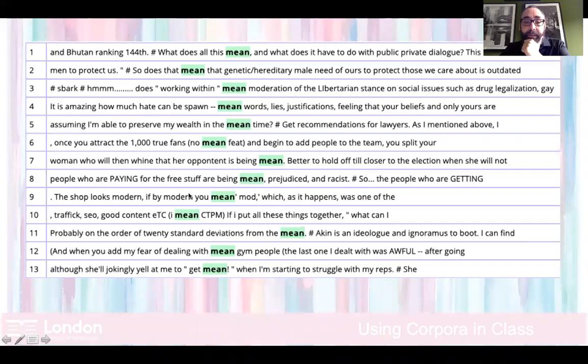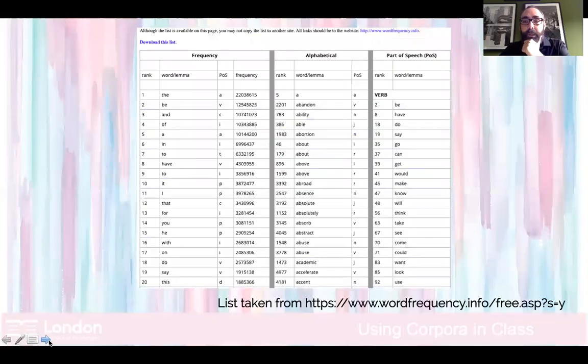But as you can see, by just typing mean in a random string of words, students can see lots of different meanings for the word mean. So they have to guess, again, the meaning from context. And finally, here you have a list with the most common words.